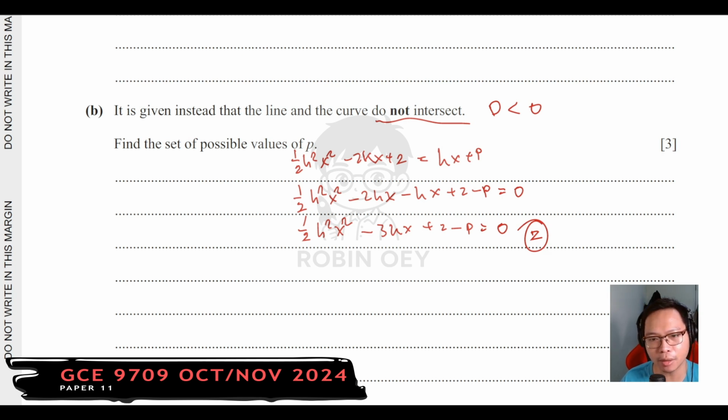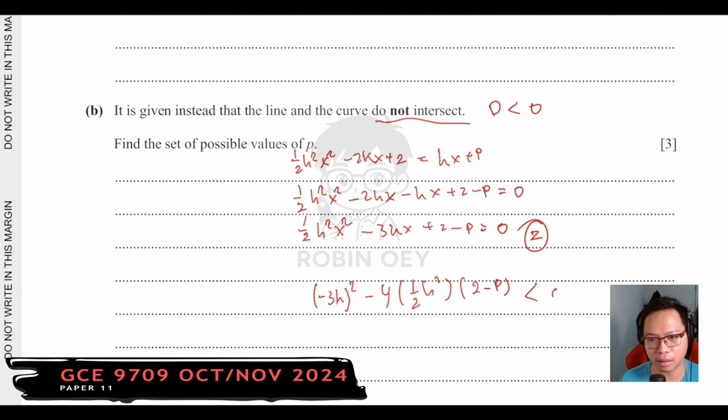Once we get that, we need to find the discriminant, b square minus 4ac. So we have b is negative 3k, squared, minus 4 times half k square times the c, which is 2 minus p.